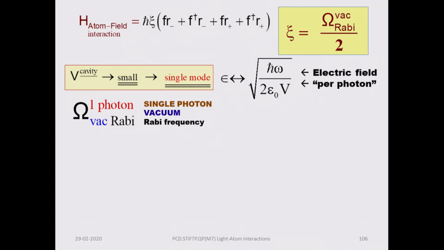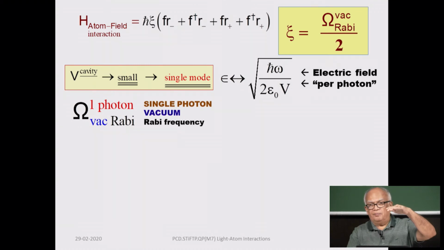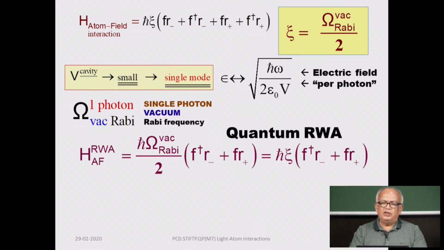Because when the atom is in the excited state, there is no photon anywhere. Whereas, if the atom is in the ground state, there is 1 photon over there. All right. So, you can either call it vacuum Rabi frequency or 1 photon Rabi frequency. Both are completely equivalent and both the expressions are in use.